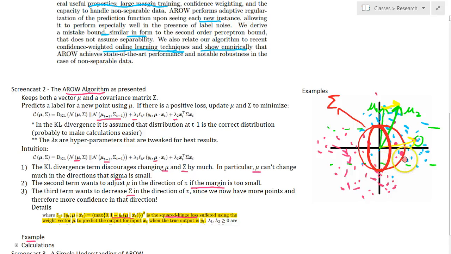In fact, I want to exaggerate this even more in the next step. So this becomes our sigma 2, where we're much more confident in this direction.